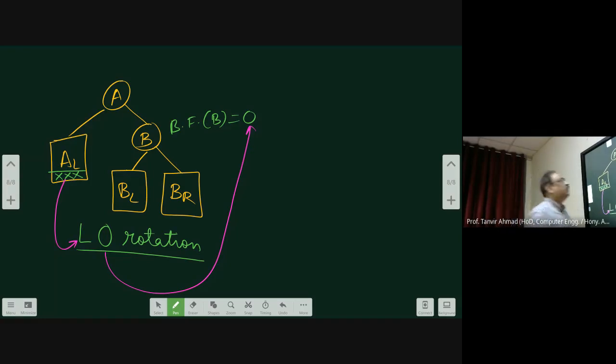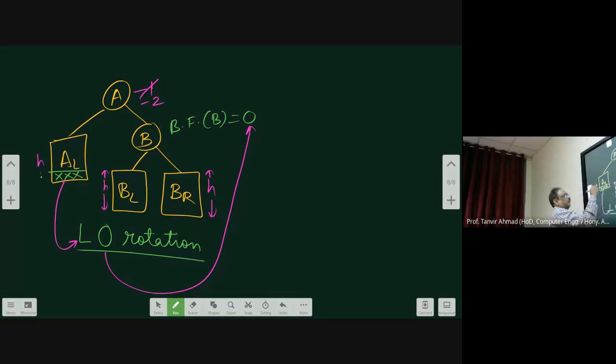Now, initially, the balance factor of this was -1, because BL height and BR height were the same. But right now, it has changed to -2 because you have decreased the size. Now here this was h. This is h.